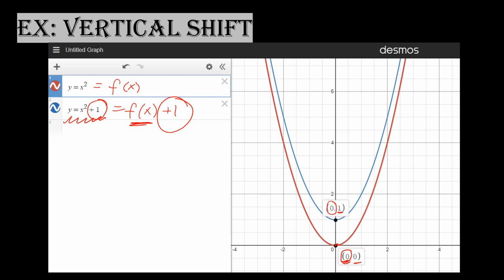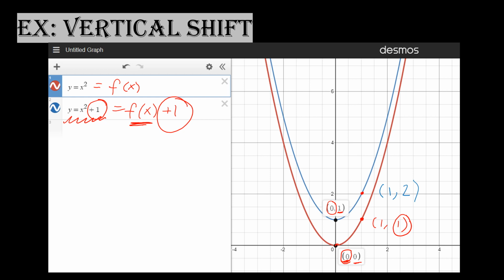That's kind of boring. So let's check out the point (1, 1). So that's in our parent function. So we'll look at the output and we're going to add 1 to it. So for the same input in our parent function, we'll keep the 1 and add 1 to the output.